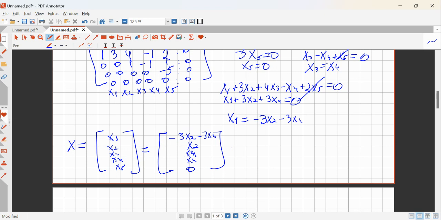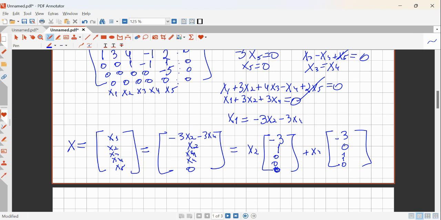So let's write it in vector equation form: x2 times the column with entries minus 3, 1, 0, 0, 0, plus x4 times the column with entries minus 3, 0, 1, 1, 0.